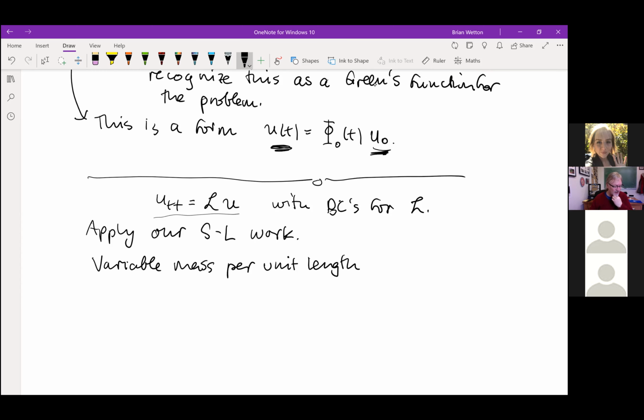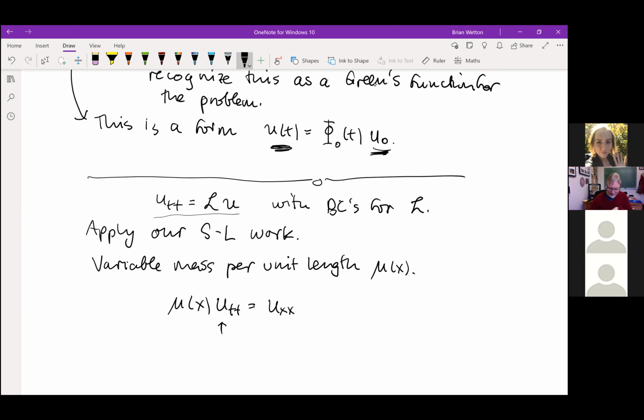So I can have a variable mass per unit length. I'll call that mu of x. I think that's what was in the notes from lecture number 3. And then we would get a wave equation that looks like this. Right, this is for this particular application. If you thought of u as being the vertical displacement of that stretched spring, then that's the acceleration.